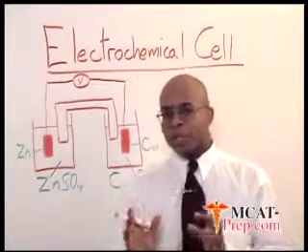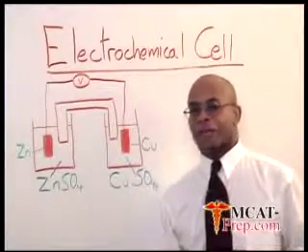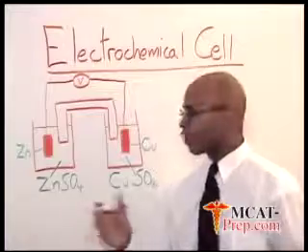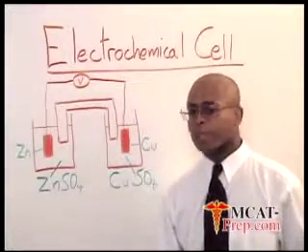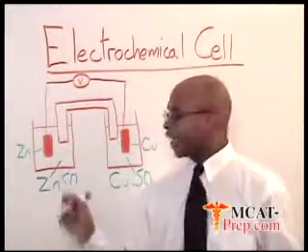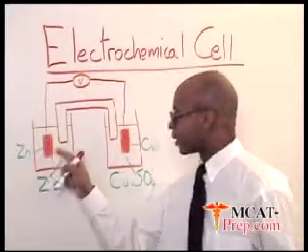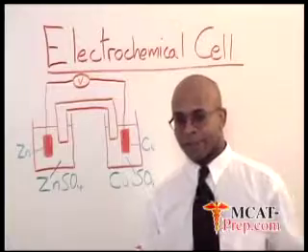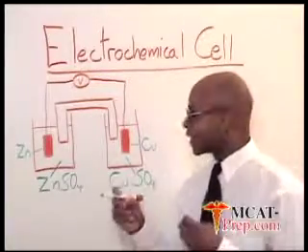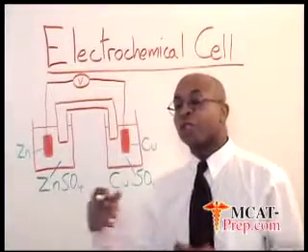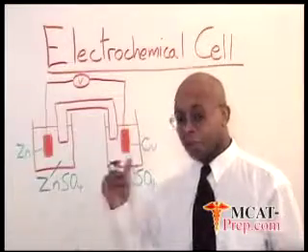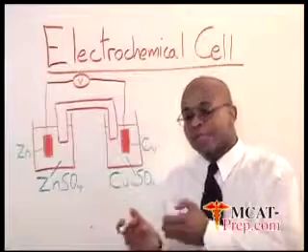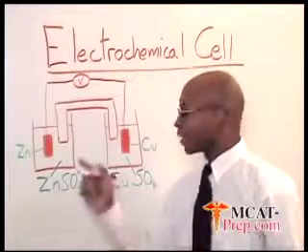Now, you just have to take one thing for granted from me, and after that, everything just sort of flows from that one point. And that is that if you were to hook up zinc to copper, it so happens that zinc has a tendency to give electrons compared to copper, and copper has a tendency to receive electrons compared to zinc.